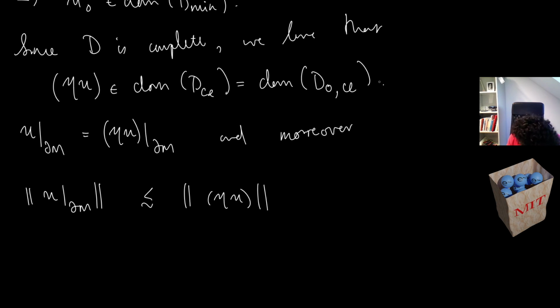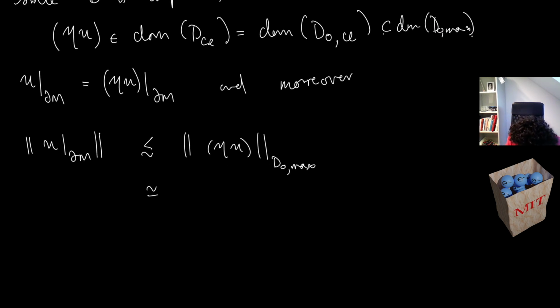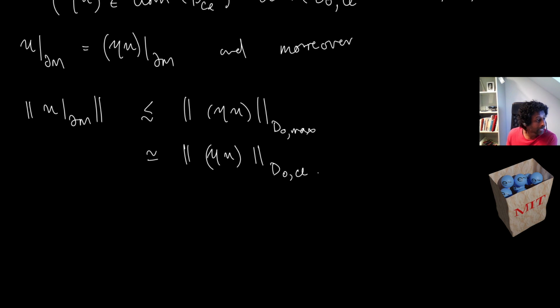Okay, so this is of course now contained in the domain of D naught max on this cylinder. So every extension is contained in D naught max, so this is now controlled in D naught max. But the point is that of course the two norms are equivalent because it's on a smaller domain. So this is the norm of eta of U in D naught closure, and well, this is actually equal.